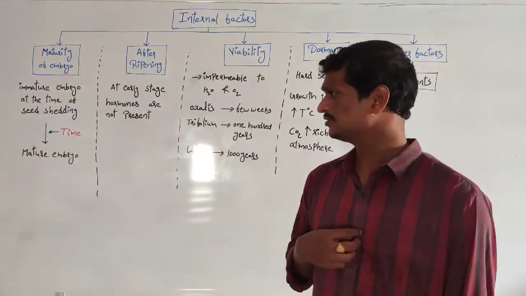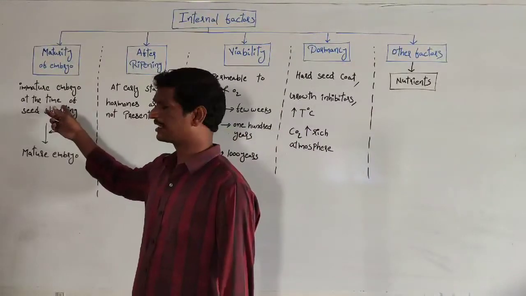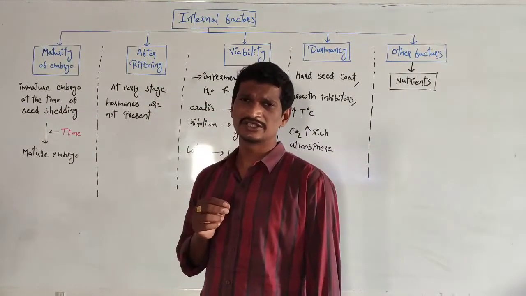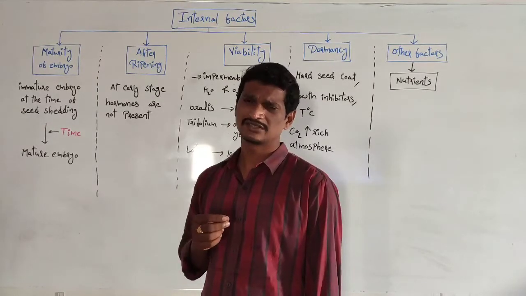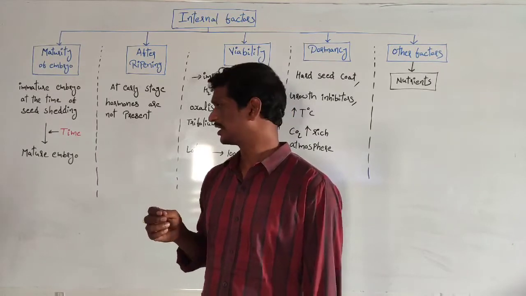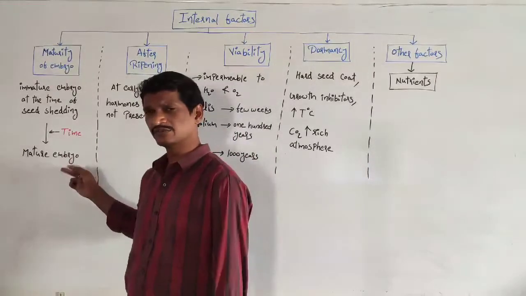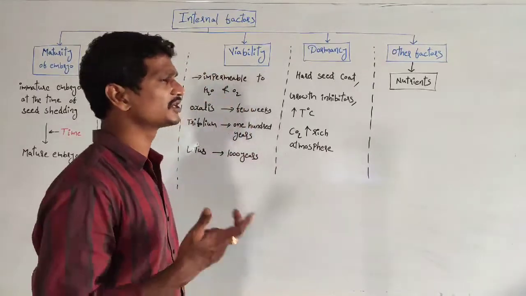Whatever the immature embryos at the time of seed shedding, that is when the fruits fall out and the seeds are released, the seed releasing process is nothing but shedding. A certain time period is taken, then they are modified into the mature state, and then they are ready to germinate.